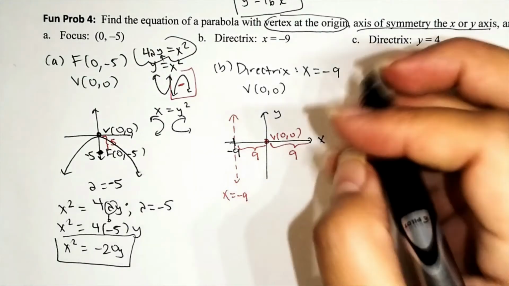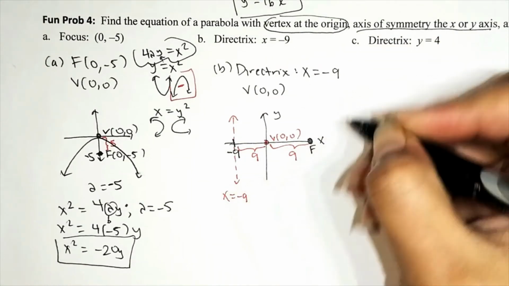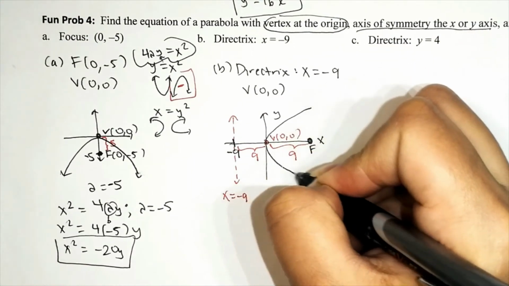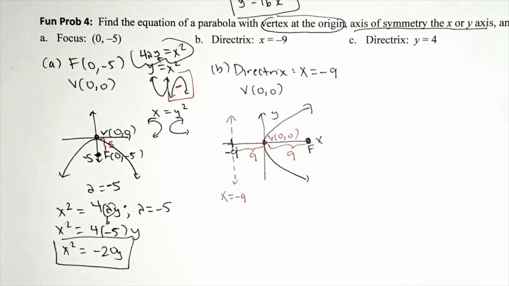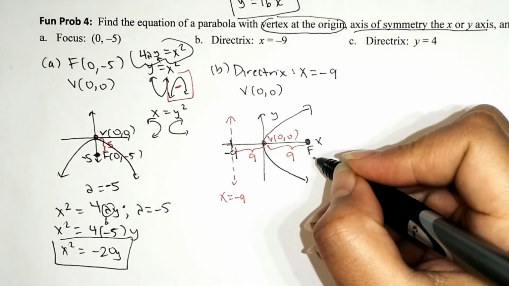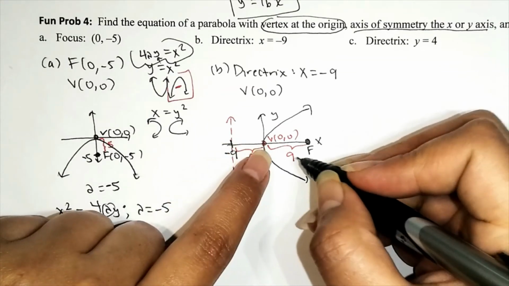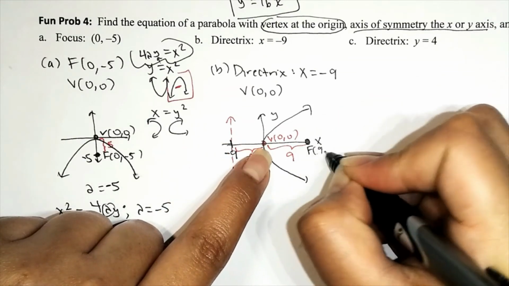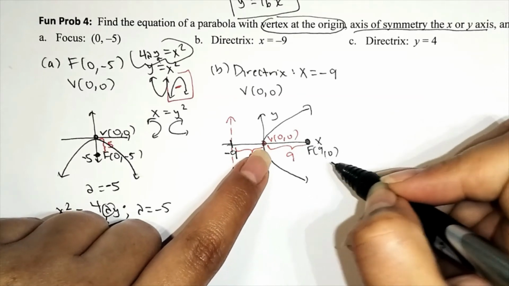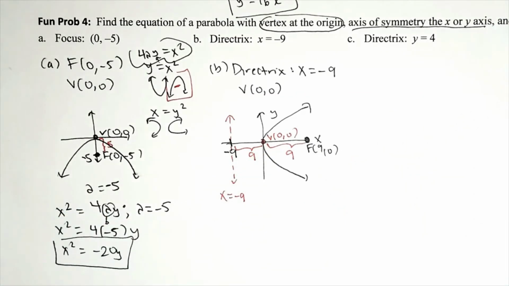The focus is always on the inside of the parabola. So in this case, we will have a sideways parabola where the parabola opens to the right. What are the coordinates of the focus? When we go 9 units to the right, that will give us (9, 0). I don't think you need this, but I'm an overachiever, so I label things.